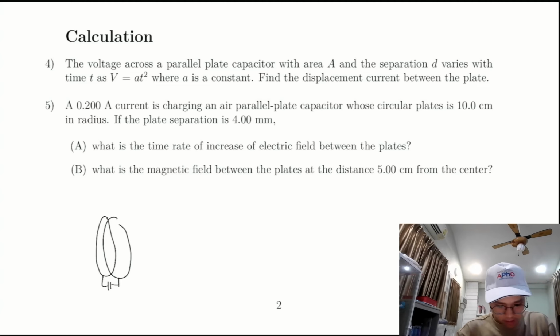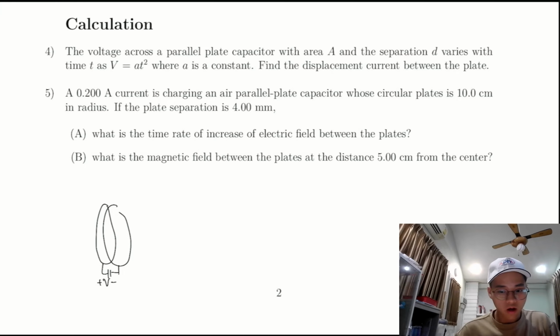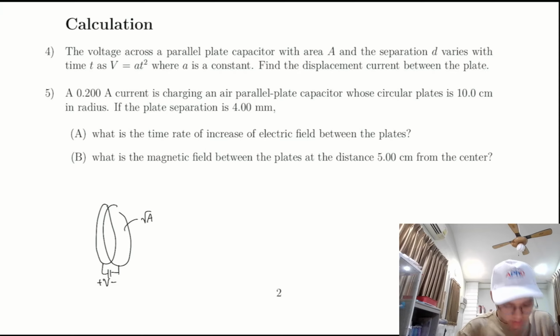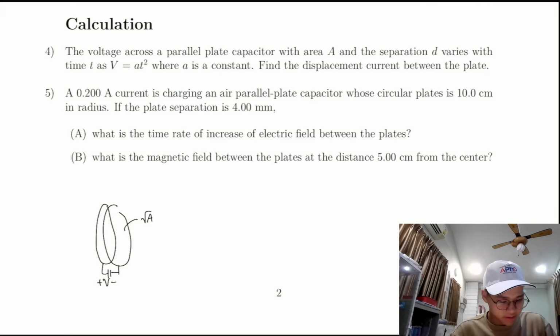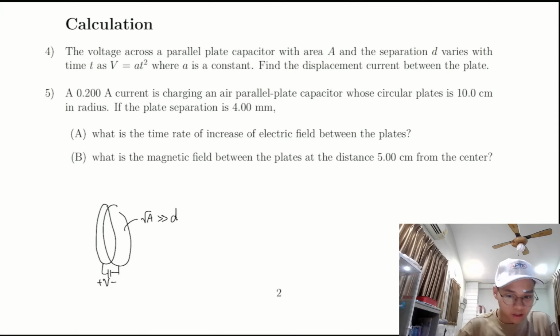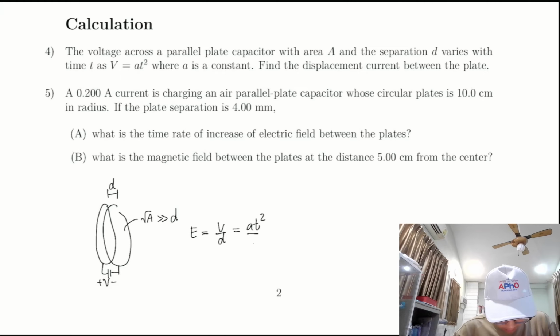We have a parallel plate capacitor, right, with voltage across equal to V. Let's make the assumption where the area, or more specifically the square root of A, is much higher than D. So we can make an assumption that E is equal to V over D. Okay, and we got a t squared over D.